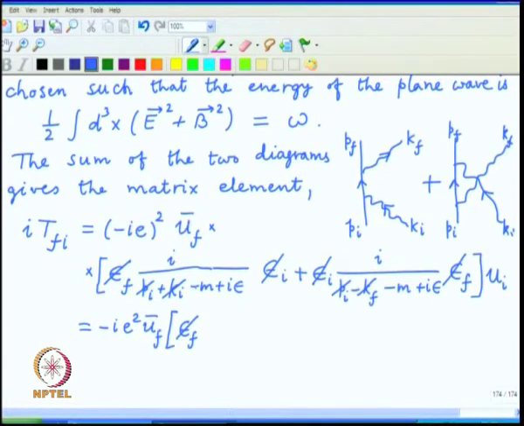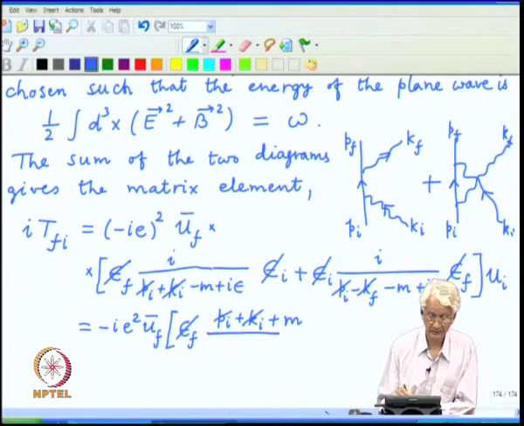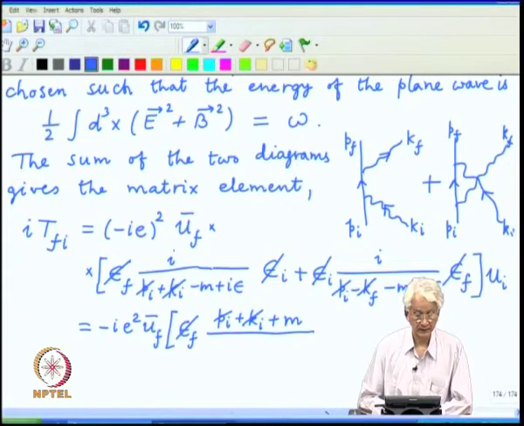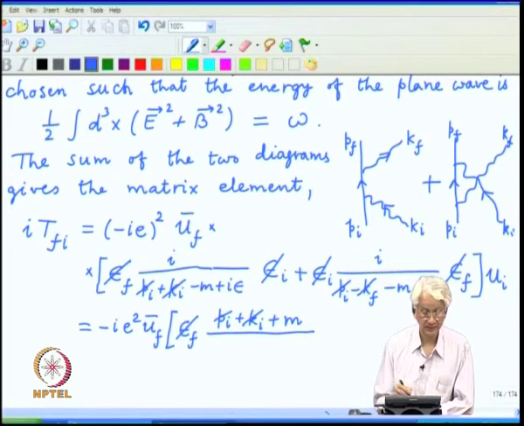So, this object will produce p slash plus k slash plus m, and the denominator now we will have the square of the total momentum minus m squared, and that can be simplified as well, because the initial and final momenta belong to particles which are on shell. So, we exactly know what p squared and k squared correspond to in those particular cases.